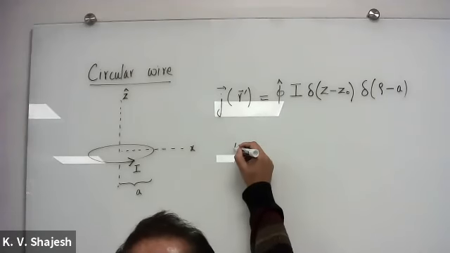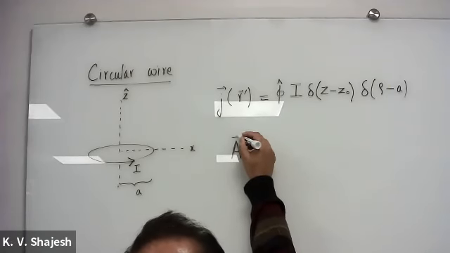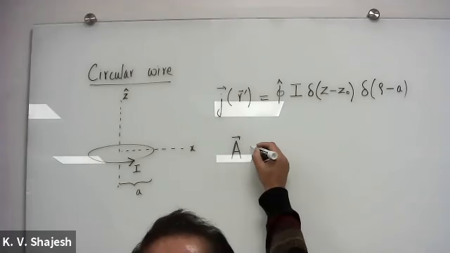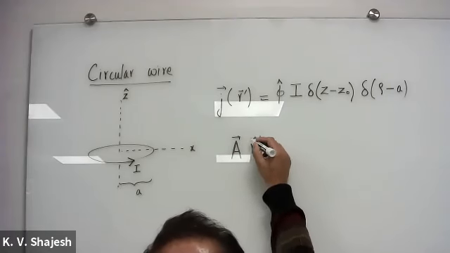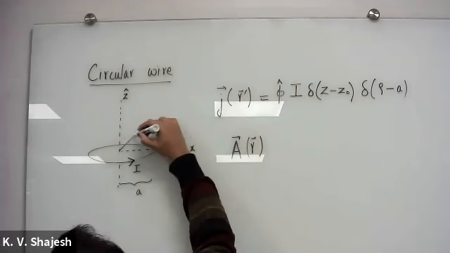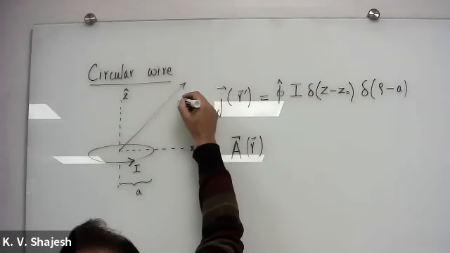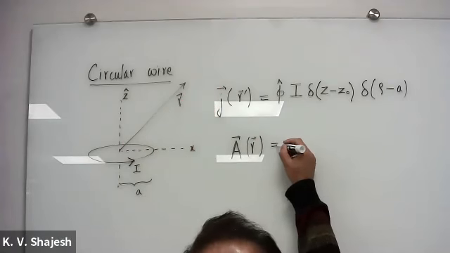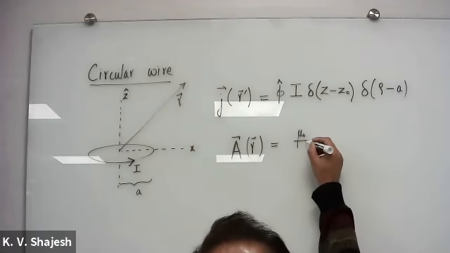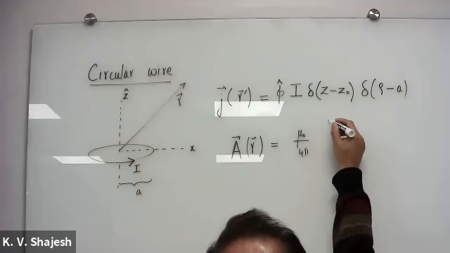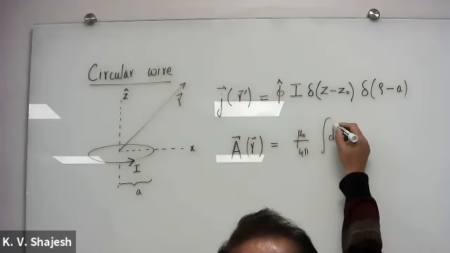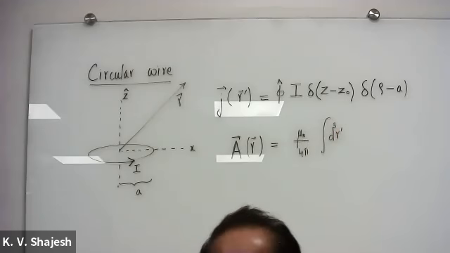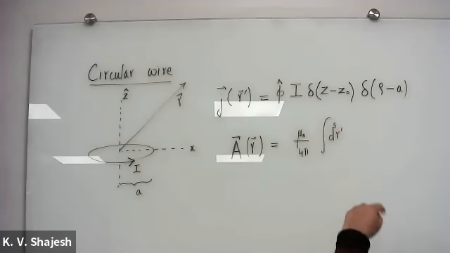We want to calculate the magnetic vector potential at some arbitrary point r, an observation point r. It gets contributions from all the places where there is a current. So we integrate over whole space, scanning for any source of current.